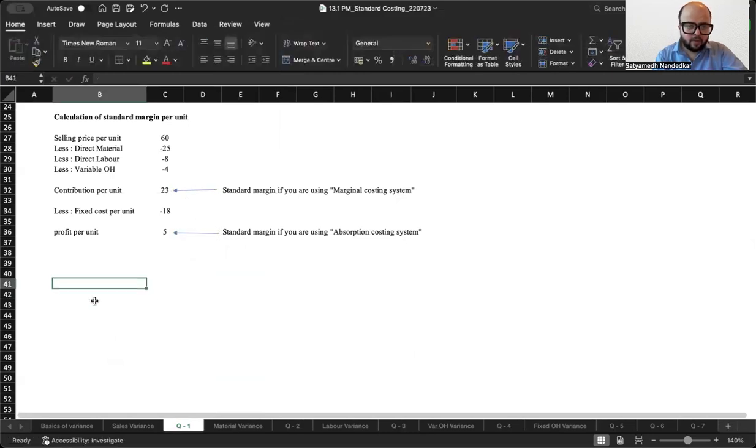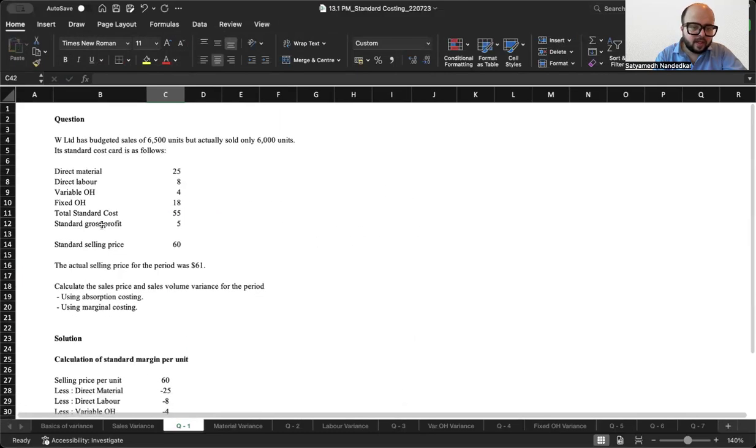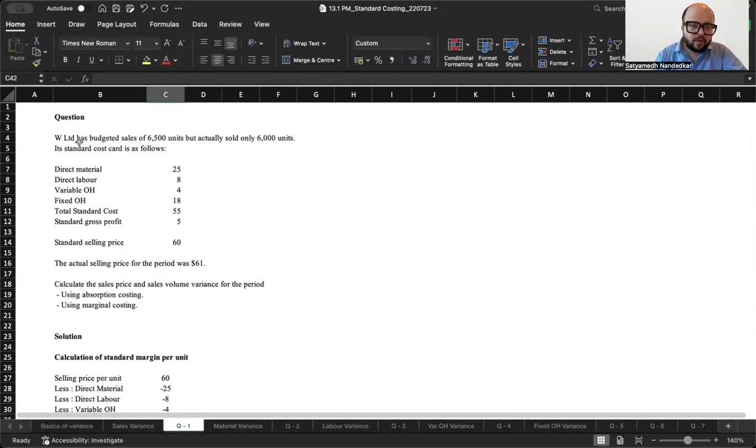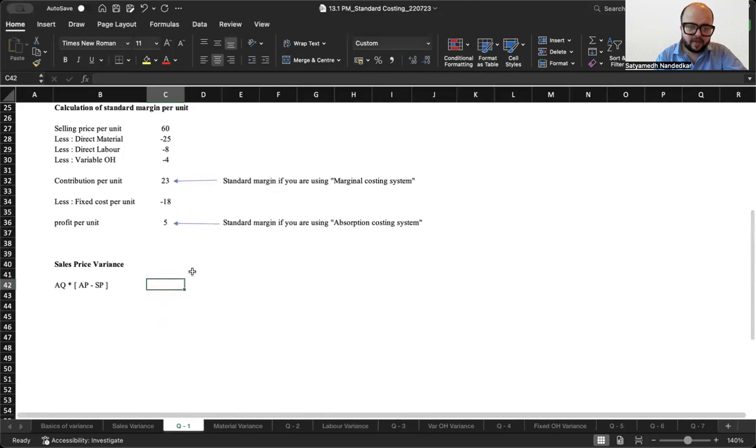Okay, now how to calculate sales price variance? Sales price variance is actual quantity into actual price minus standard price. Okay, what is actual quantity sold? W Limited had budgeted sales of 6,500 units but actually sold 6,000 units, standard selling price 60, actual selling price 61.